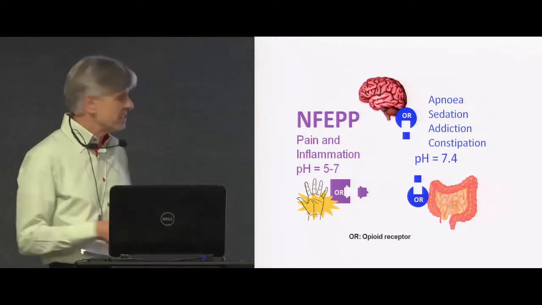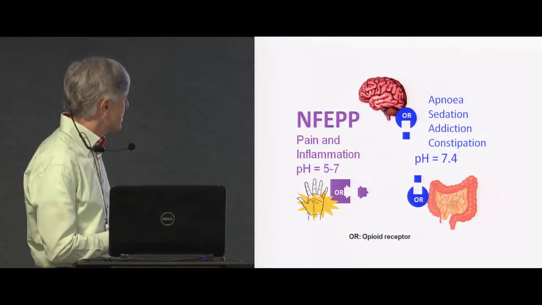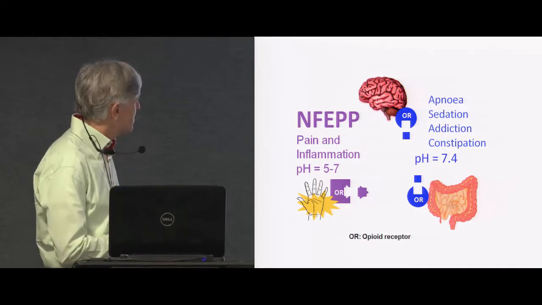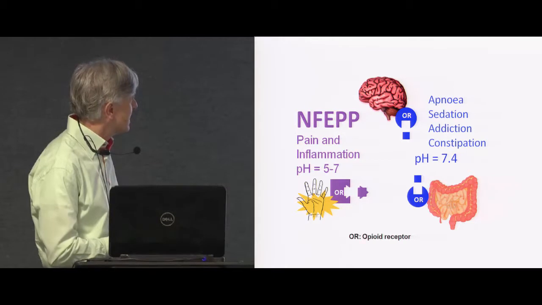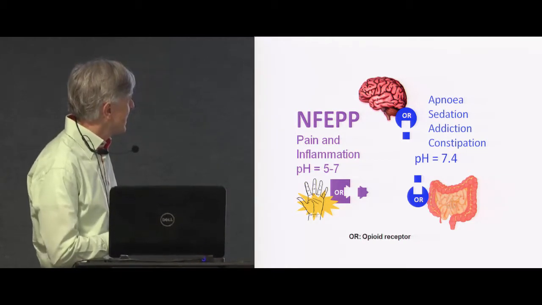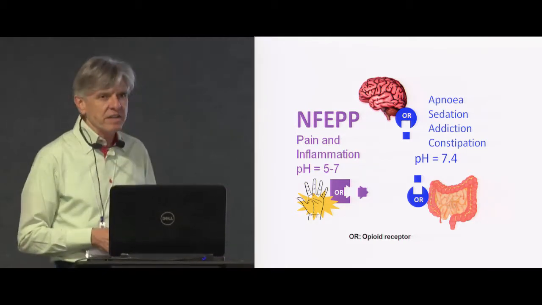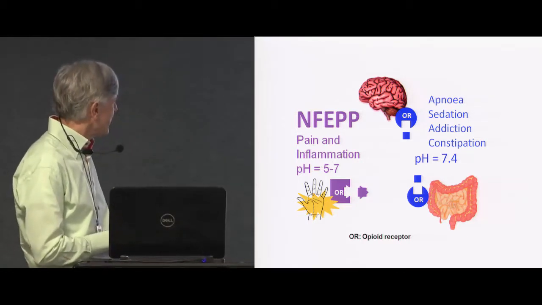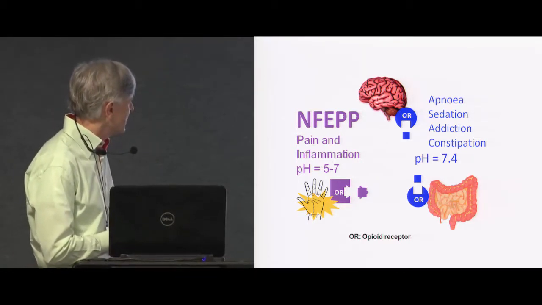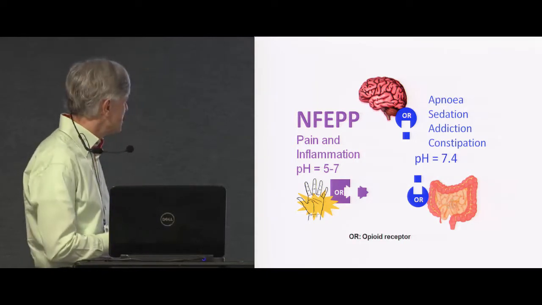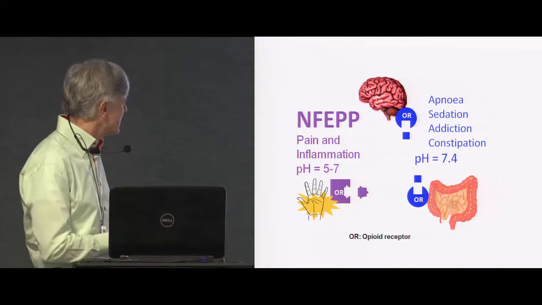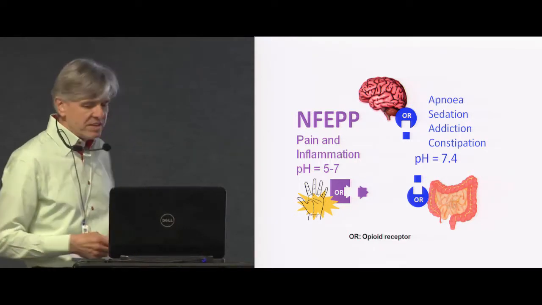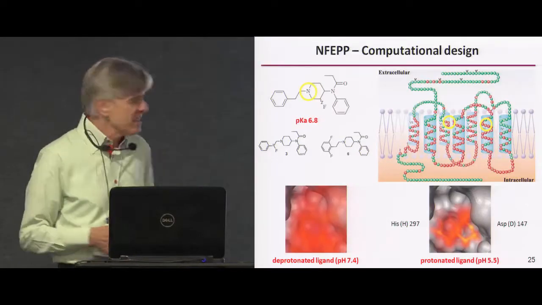We thought that the three-dimensional structure of opioid receptors in the periphery, in the inflamed tissue, might be different from the structure of the normal opioid receptors at normal pH values in the brain or in the intestinal wall. As we said in the beginning, there is a low pH here, and there are many suggestions from previous studies that low pH increases opioid receptor signaling.